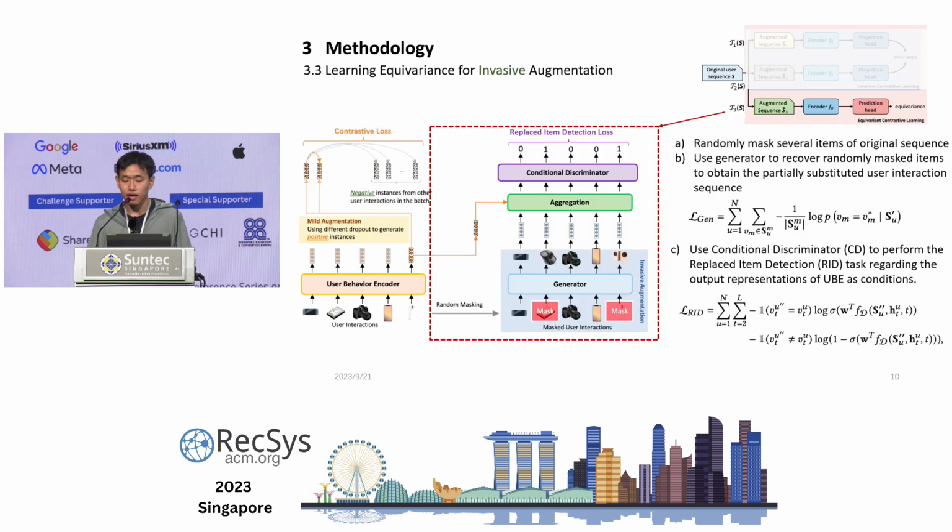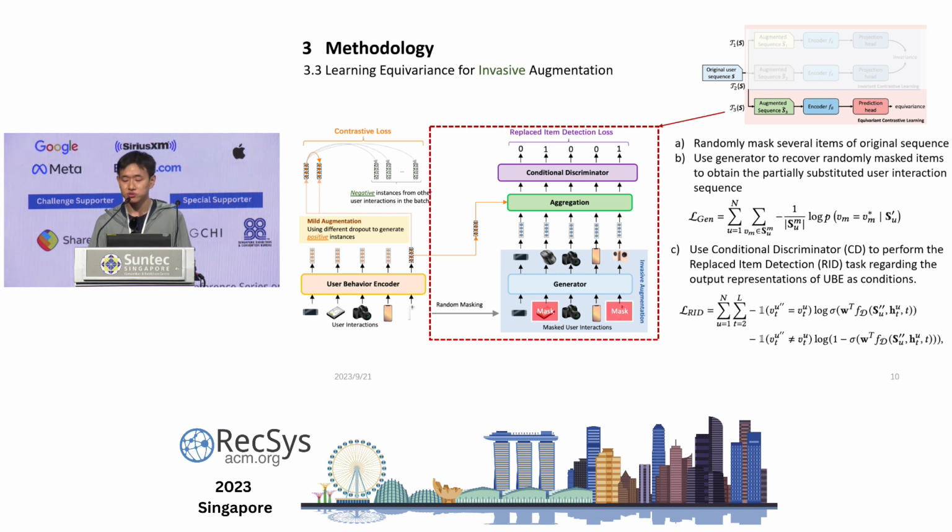And to learn equivariance for invasive augmentation, we first randomly mask several atoms of the original sequence. Then we use the generator to recover the randomly masked atoms to obtain the partially substituted user interaction sequence.